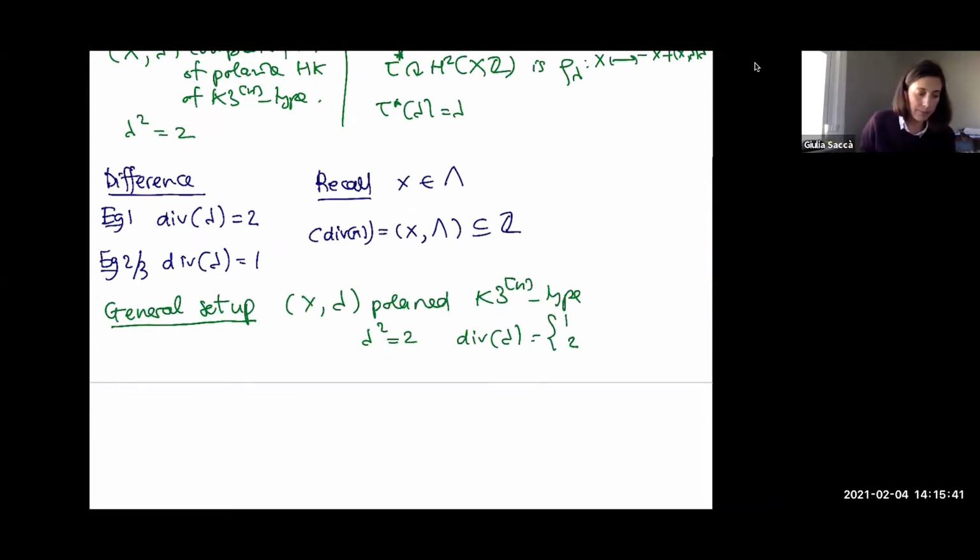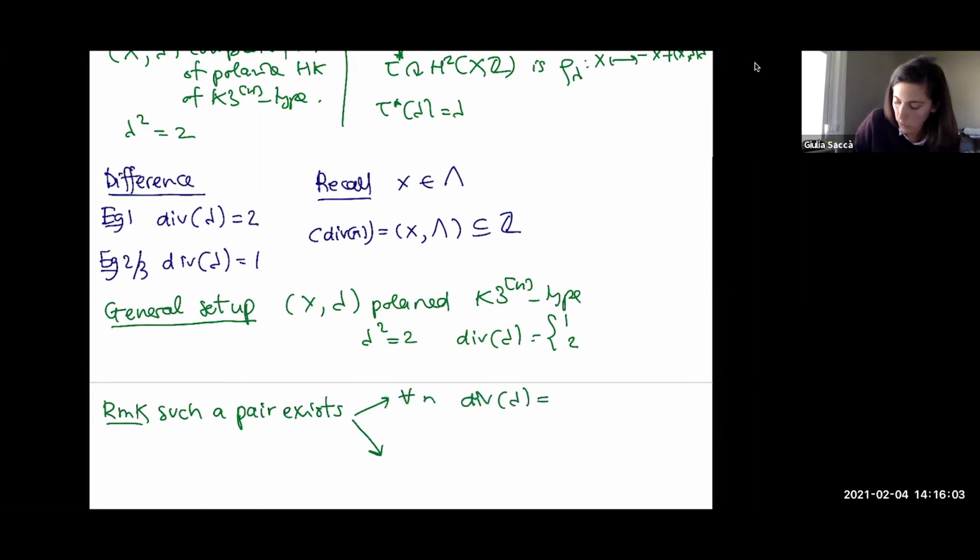And the remark is that such a pair exists, so now we have to distinguish the 2 cases, for every n if the divisibility is equal to 1, and if and only if n is congruent to 0 modulo 4 if the divisibility is 2.